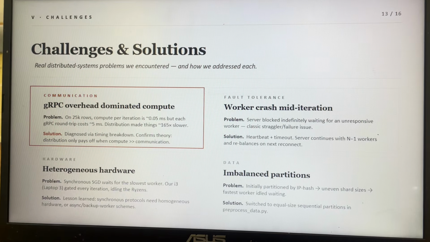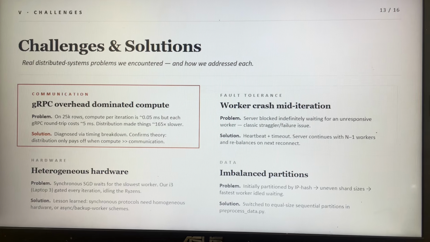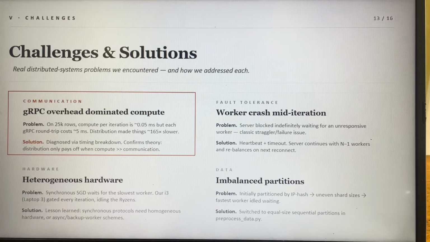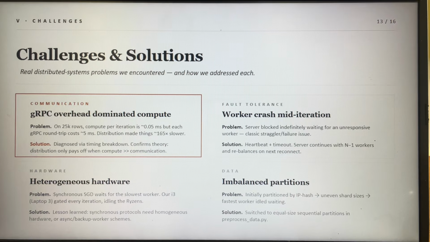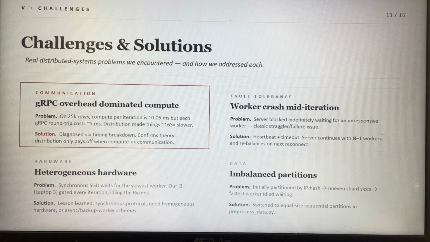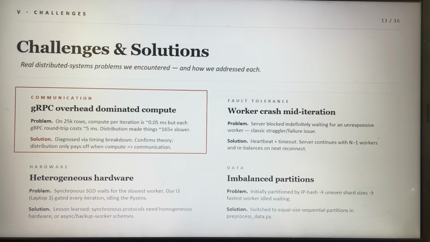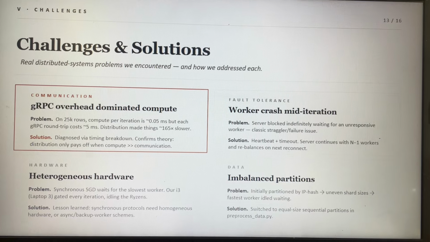So distribution made things 165 times slower. We diagnosed it via a timing breakdown, which confirmed the theory. Distribution only pays off when compute is greater than communication.